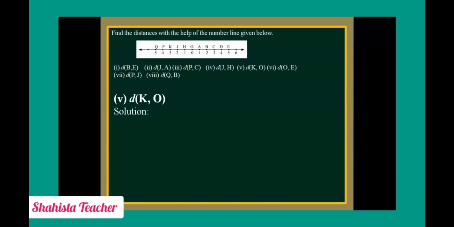So here we will write the coordinate of point k is equal to -3 and o is equal to 0 respectively.